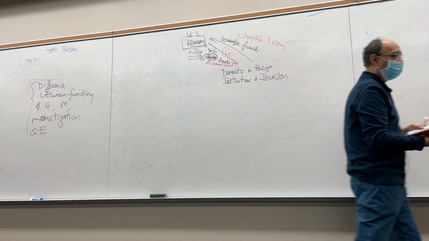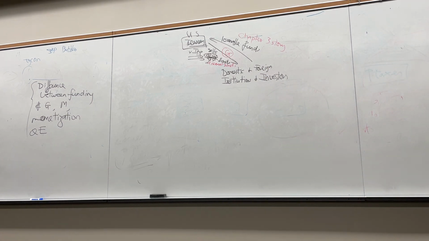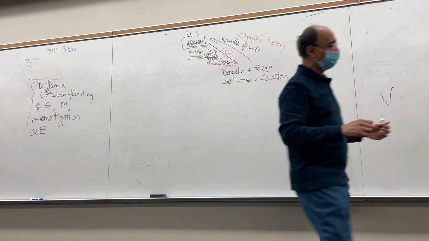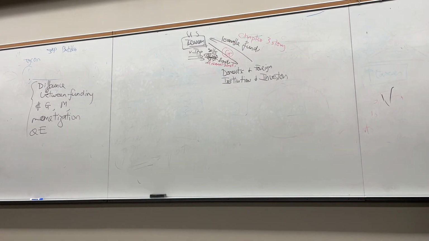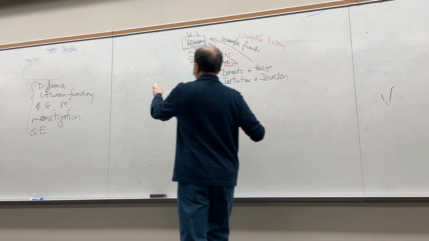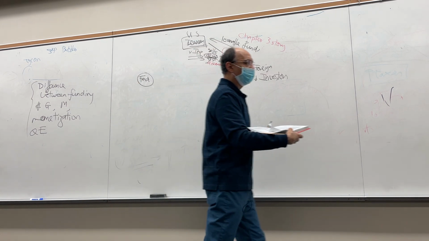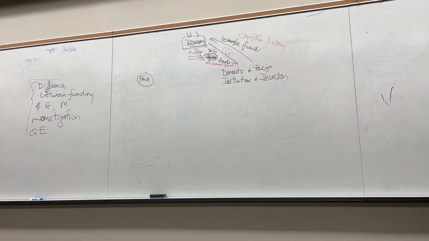Then we have monetization. Basically here, let's use the same notation. This is the Fed. So here's the story, folks. The government can't get enough money by borrowing, so please look at me.